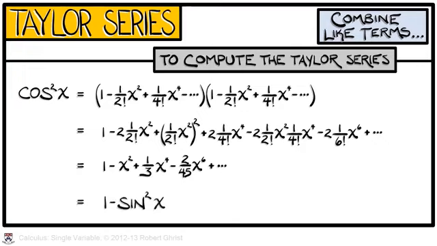One thing that you can note, however, is that this must be 1 minus sine squared of x. And so from this, we obtain the Taylor series for sine squared of x as well.